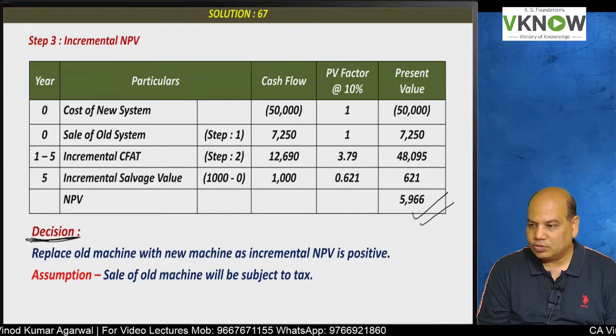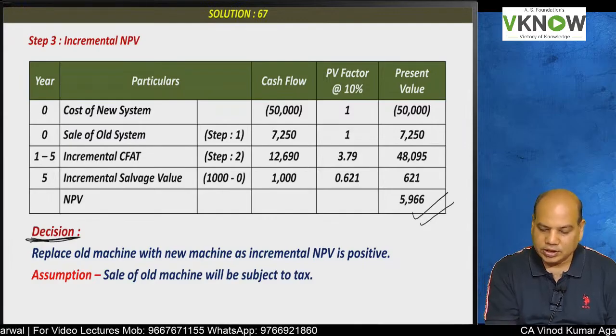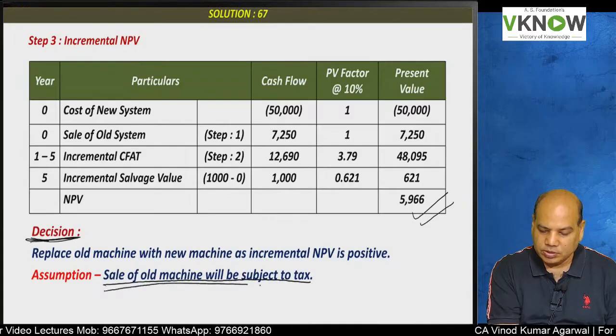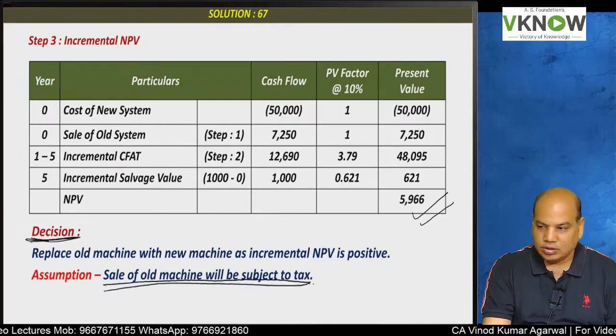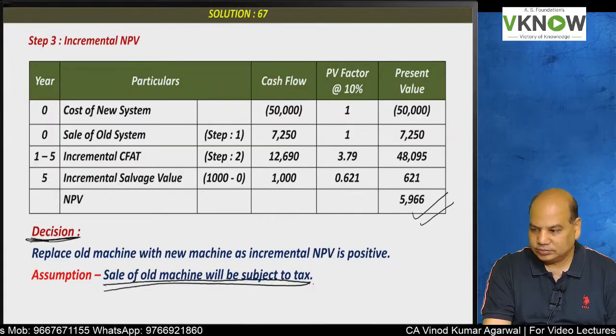If this same question comes in the exam and you want to solve it in this manner, then you will write this assumption: sale of old machine will be subject to tax.